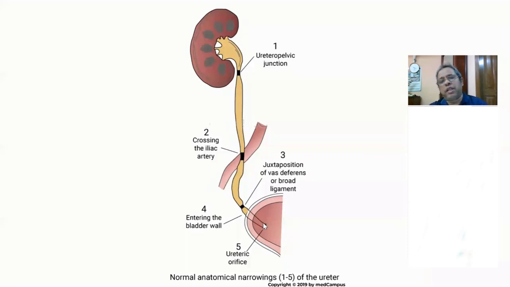So these are the presentations of the pain, and you can locate the stone level from the history of pain. And when the stone enters inside the urinary bladder, the patient feels relaxed. There is no pain.